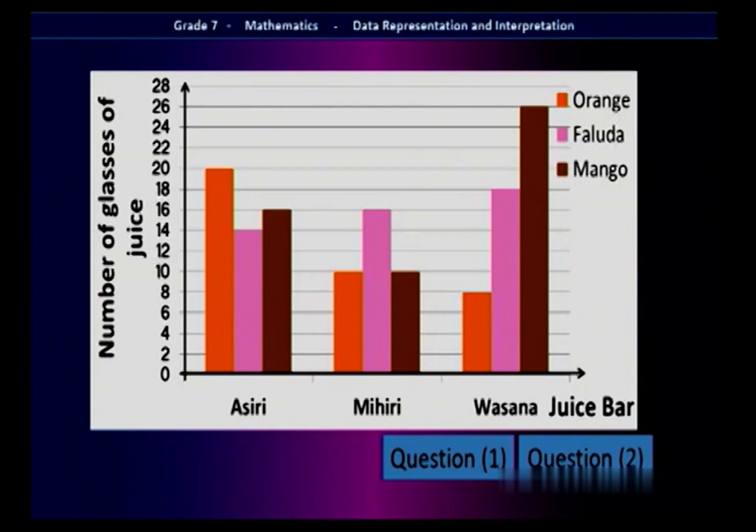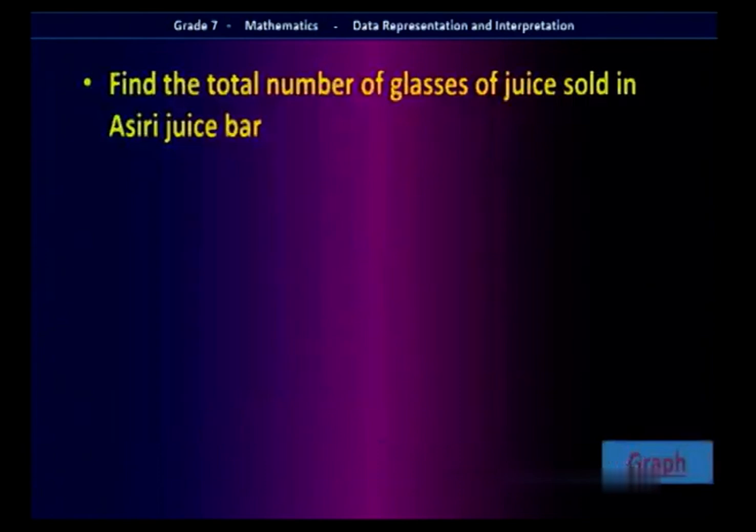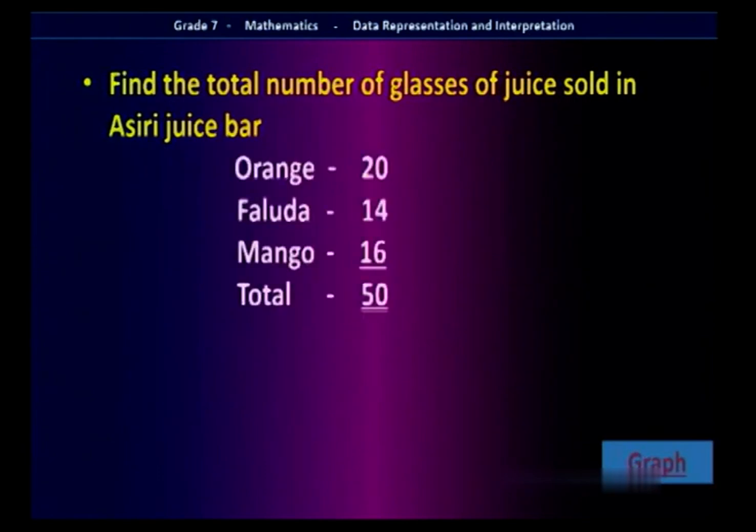Faluda shows 14. Mango shows 16. Then get the sum of the 3 numbers. Now let's go to the answer. Now you can get the sum of juice glasses for orange, Faluda, mango. Then it is 20 plus 14 plus 16. Then total is 50. Then your answer should be 50.